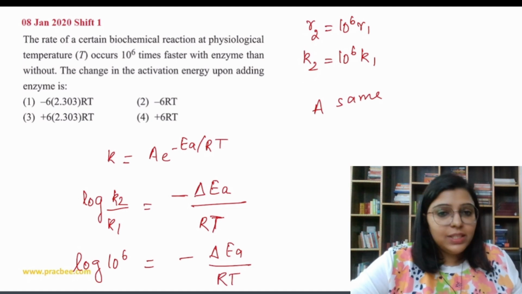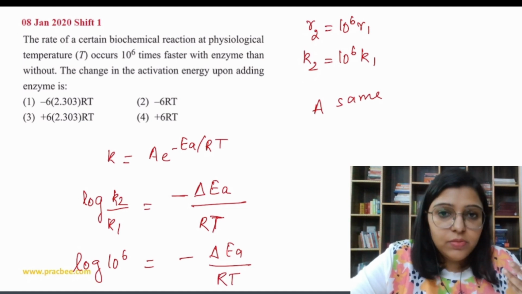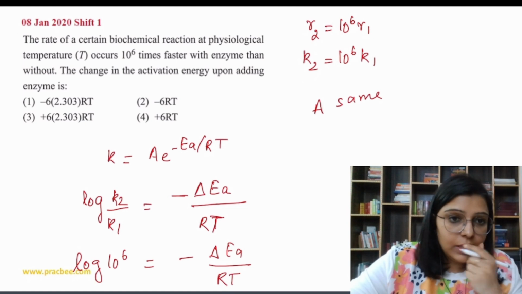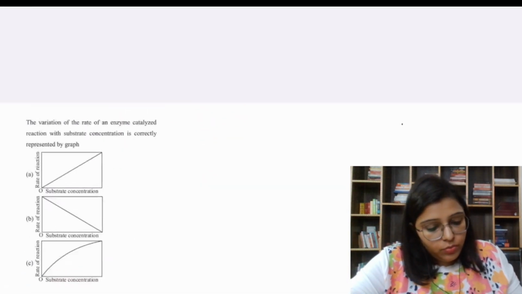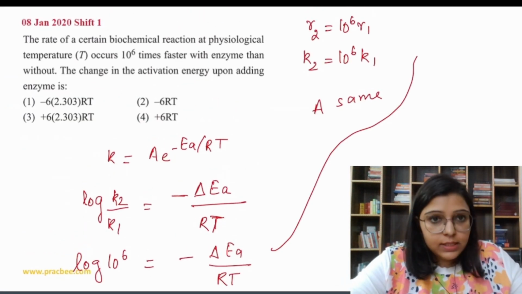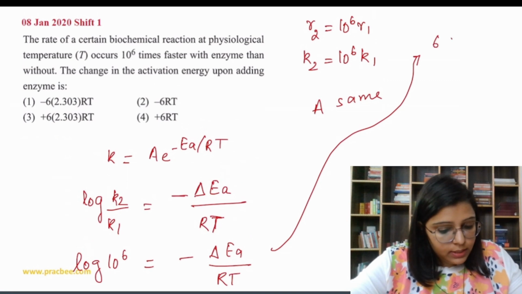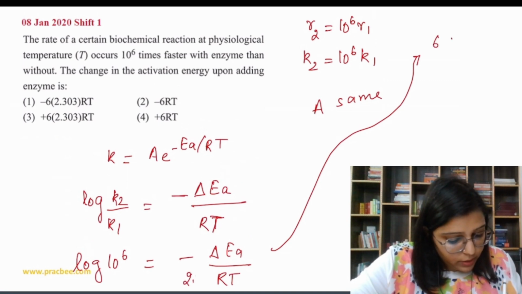So delta EA means catalyzed and without catalyzed. It means we are saying catalyzed and without catalyzed, okay? That difference. So change in activation energy, okay? So we get answer equal to 6. Here 2.303 will also come, right, with log 10.